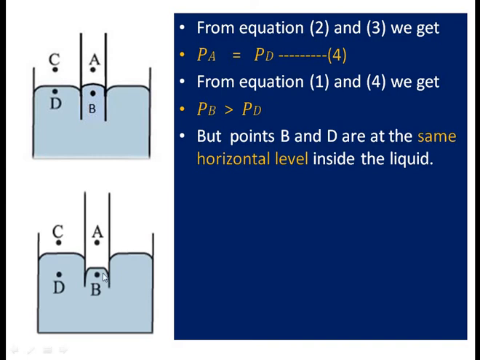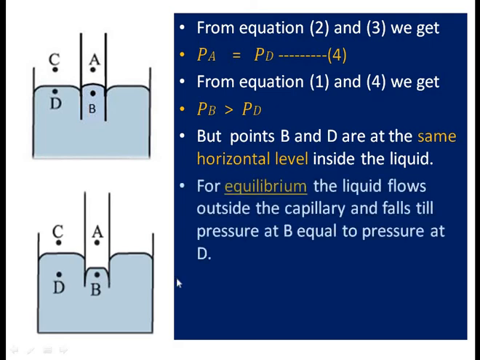Now in this diagram we can see the liquid level falls inside the capillary because of the pressure difference between the points B and D, and this fall will continue till the points B and D are at equal pressure.